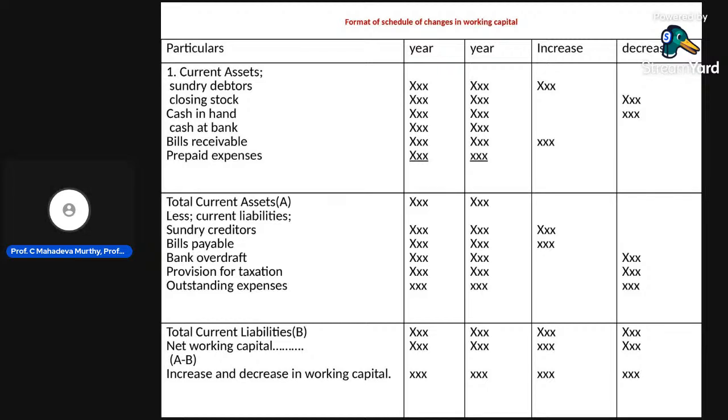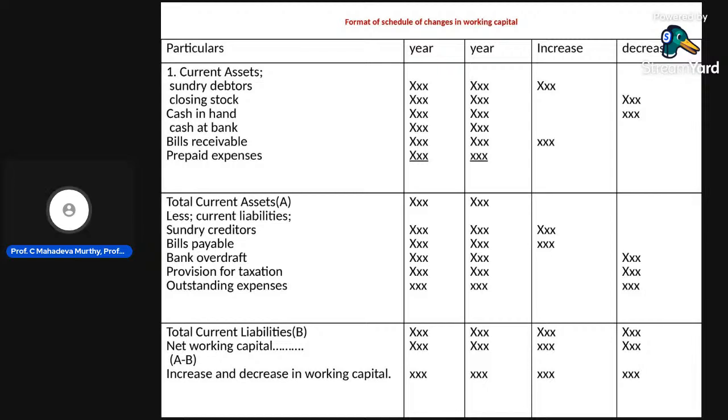Therefore, this is also one of the proformas. You practice that proforma: where current liabilities appear, where current assets appear, and what the treatment should be. We need to understand that. This is the format of the proforma of the schedule of changes in working capital.